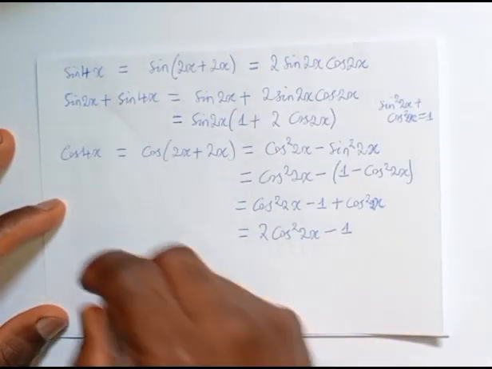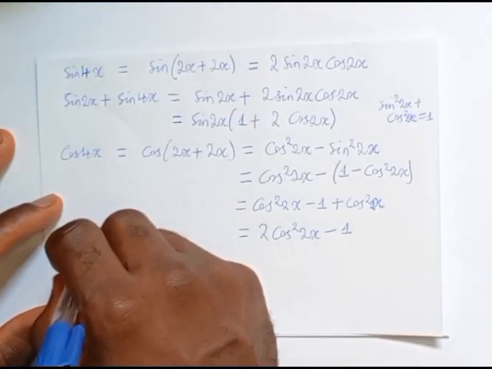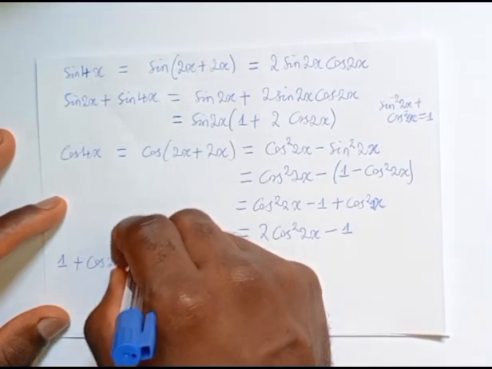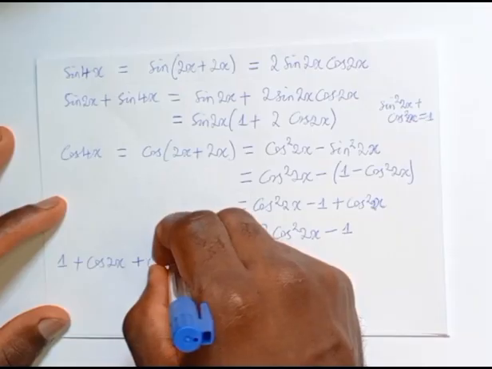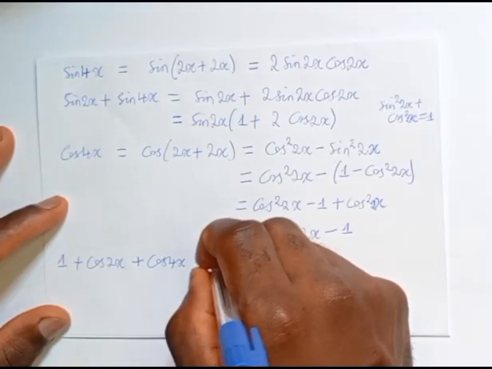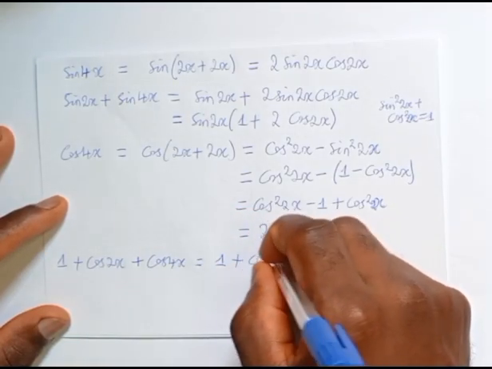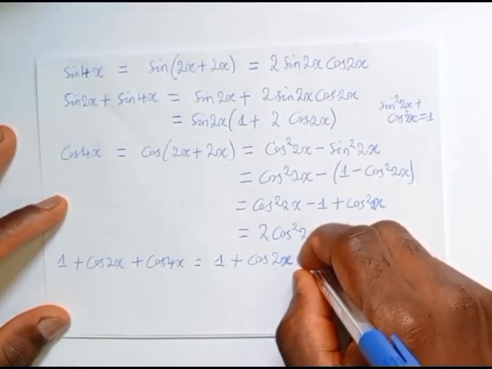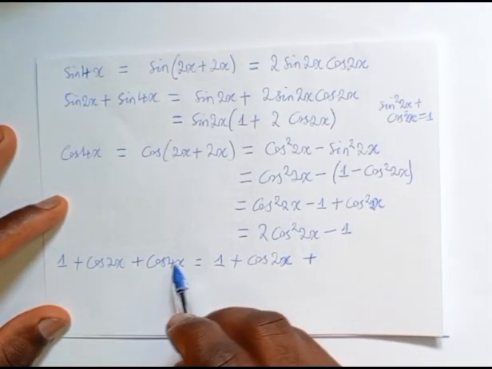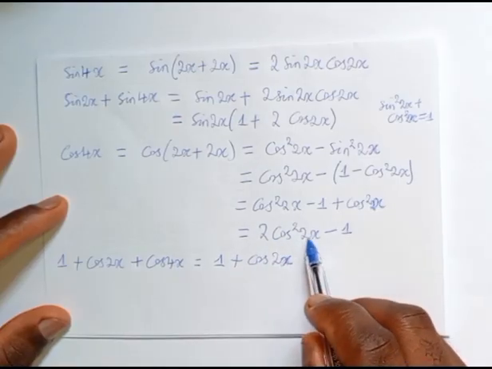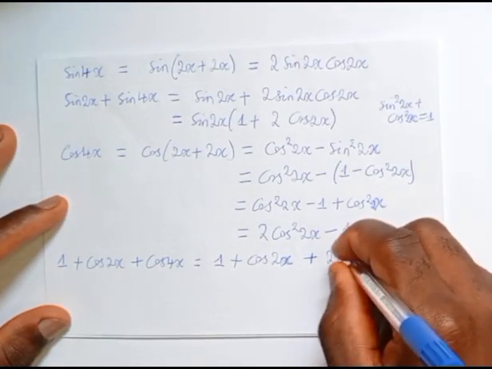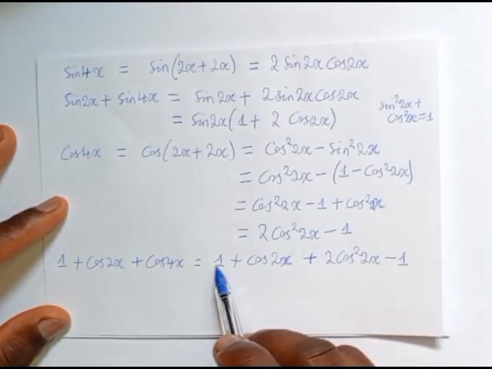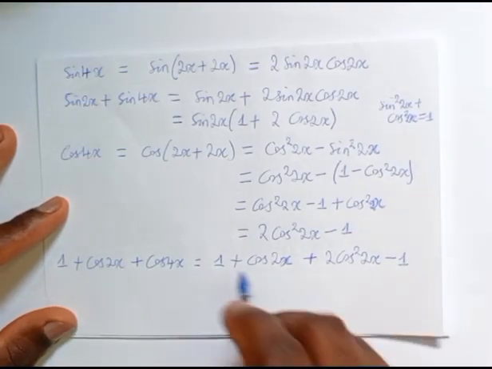At the denominator, we have 1 plus cos 2x plus cos 4x. This will simply be equal to 1 plus cos 2x plus, we are going to replace cos 4x with 2 cos squared 2x minus 1. 1 minus 1 will give us 0.